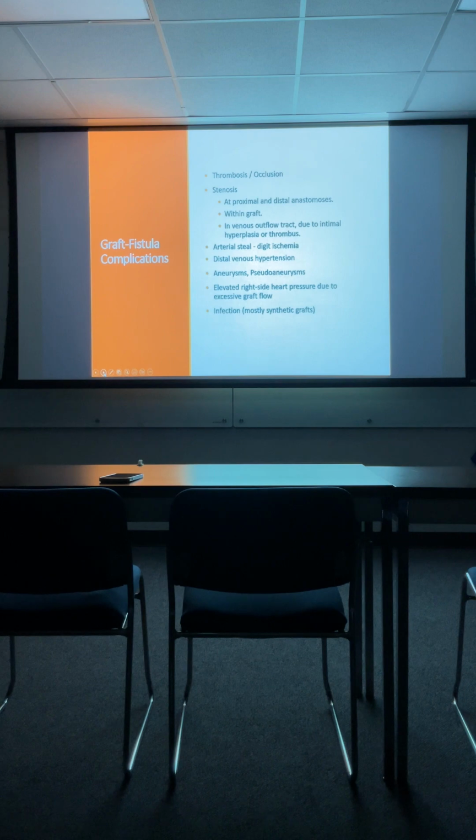Usually that one is caused by intimal hyperplasia, sometimes thrombus, arterial steal, which is going to cause ischemia in the digits, pseudoaneurysms, which are pretty common with this type of access, increased right heart pressure because of the increased graft flow, and that can lead to heart failure. And infection is a big risk as well with these grafts, and that mostly happens in the synthetic grafts.